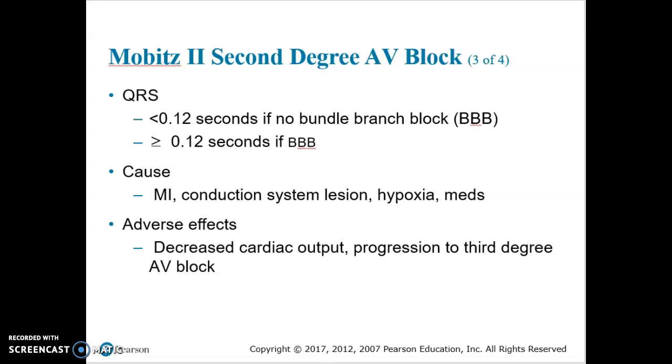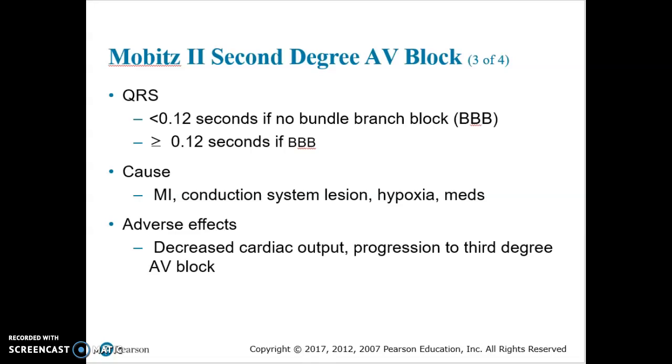The QRS is less than 0.12 seconds if there's no bundle branch block, meaning if the block is happening in the AV node and not in the bundle branches, that QRS is going to be less than 0.12 seconds. If it's happening in the bundle branches, then we're going to see a QRS that's greater than 0.12 seconds.